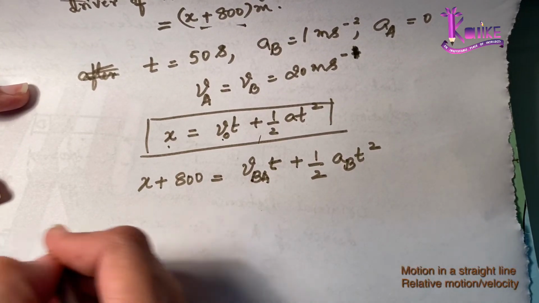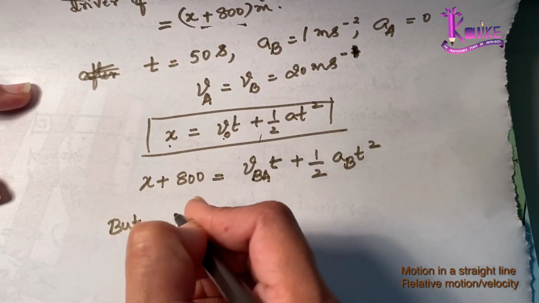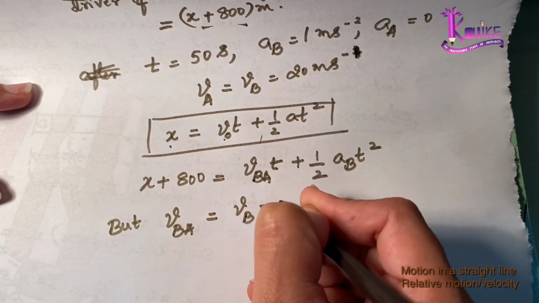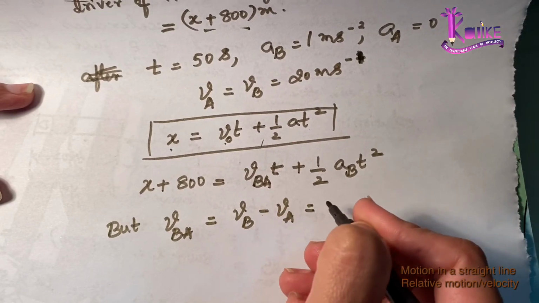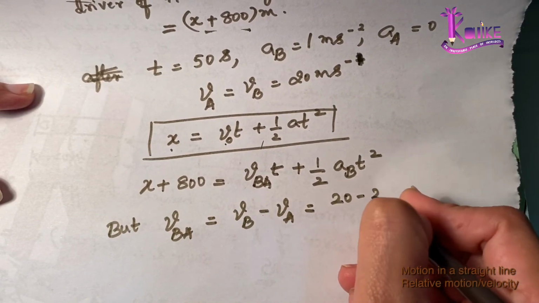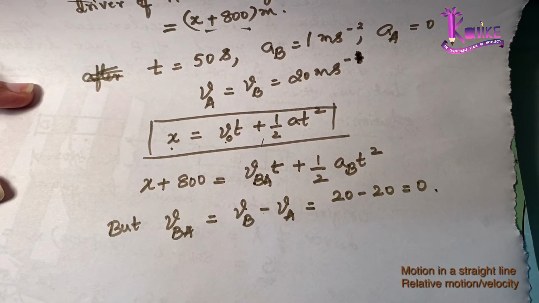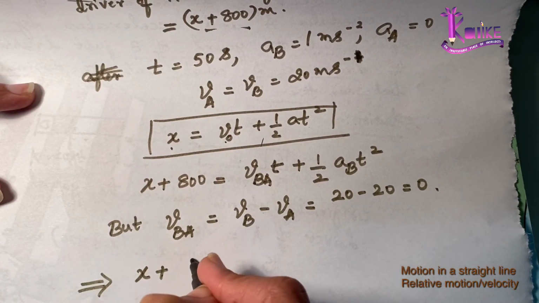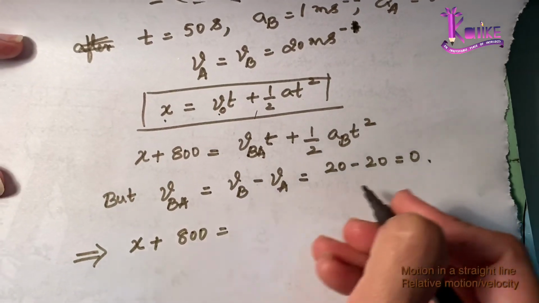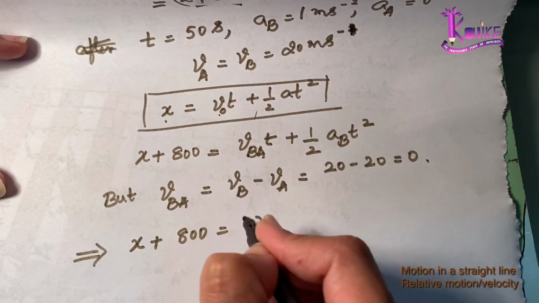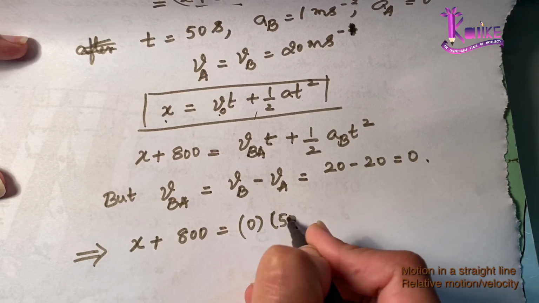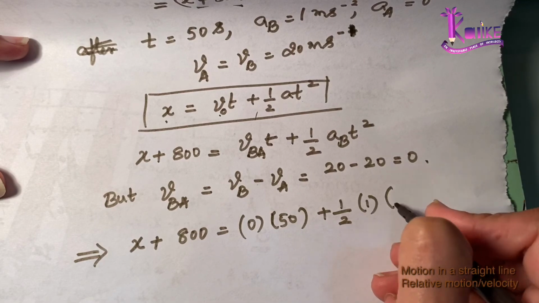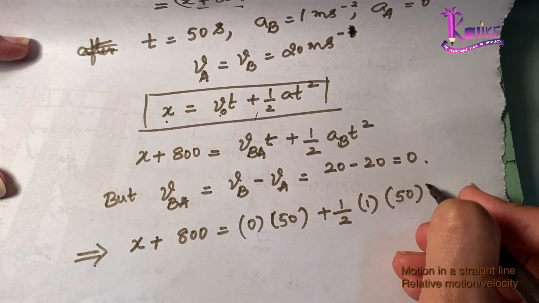But what is VBA? Velocity of B with respect to A can be written as VB minus VA. Both VB and VA are 20. So 20 minus 20 will be 0. So therefore, x plus 800 is equal to VBA, which is 0, into T, which is 50, plus half into AB, which is 1, into 50 whole square.